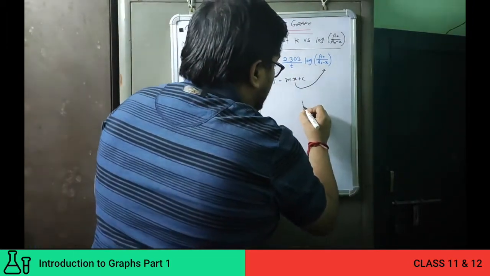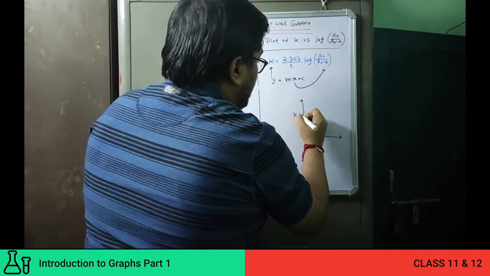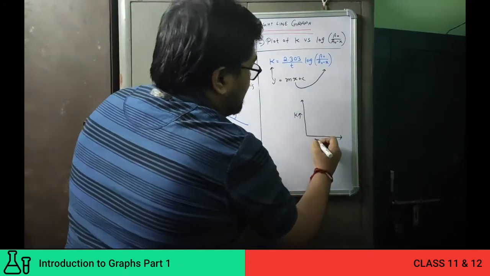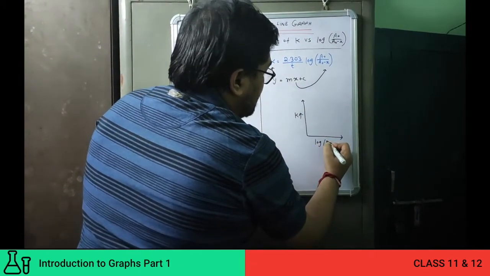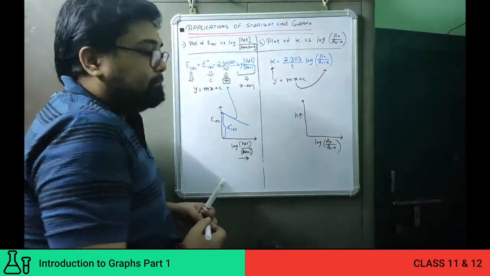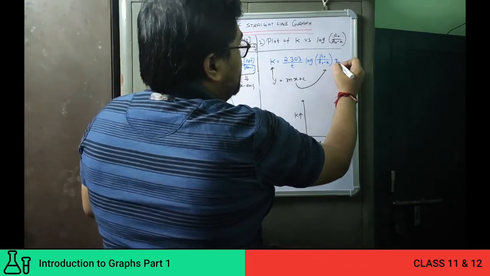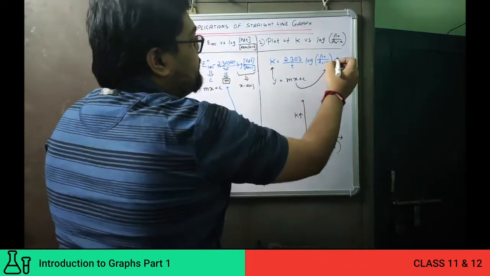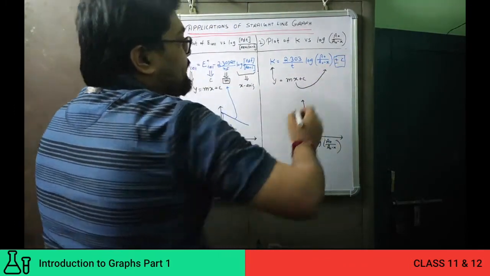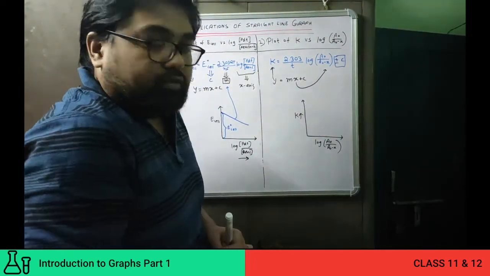Now, if we draw the graph, the y-axis will be K and the x-axis will be A0 by A0 minus X. Now, you can see that there is no positive or negative C. That is, there is no intercept. Here intercept is 0.